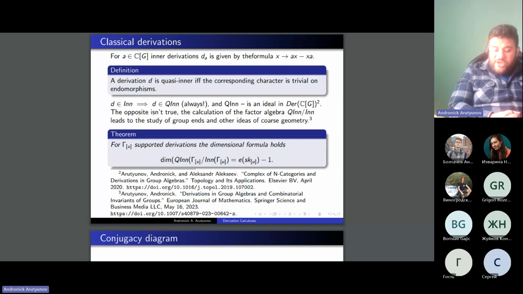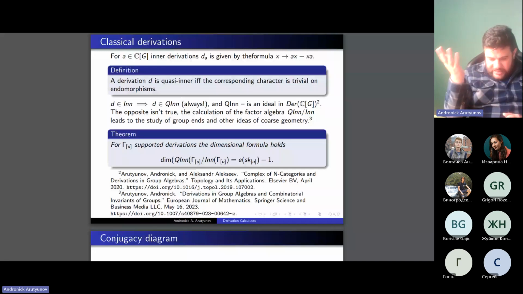The dimension of quasi-inner derivations modulo inner derivations, which have support in one component of the groupoid, is equal to the number of ends of some graph.